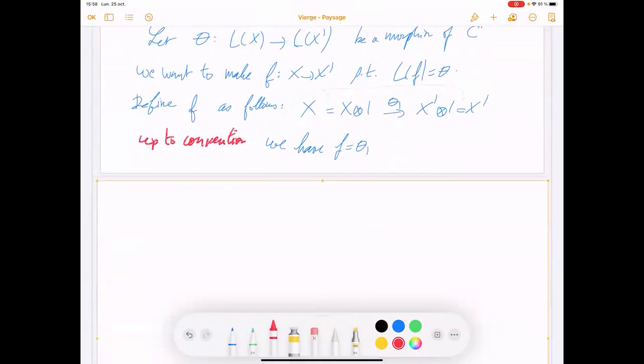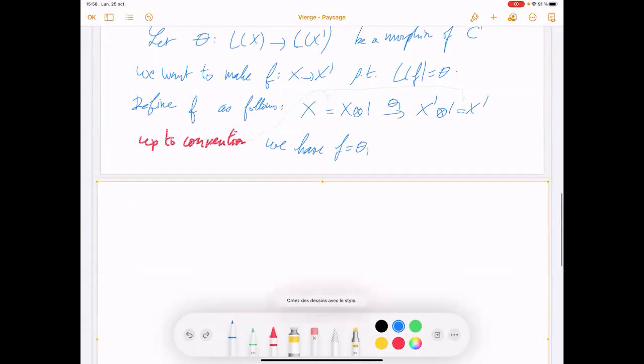Okay. So now this is okay. It remains to prove that theta z equals F tensor ID of z.